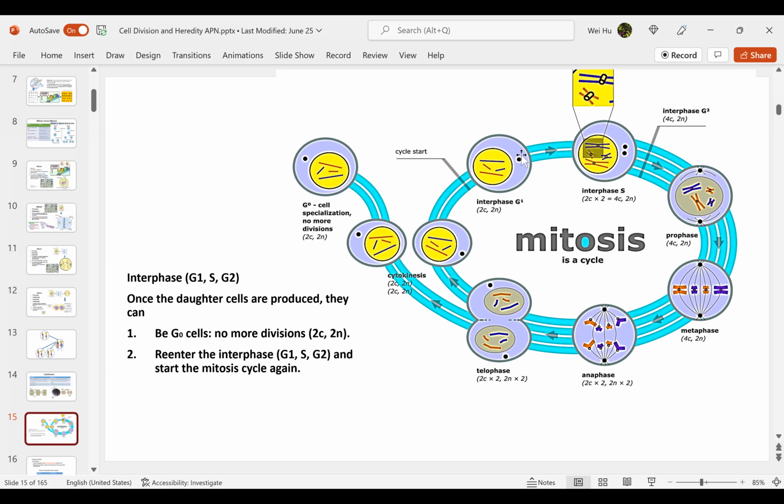So that's what we talk about with mitosis. Normally that's what helps you grow and replace your old cells. But you do have abnormal mitosis. That's cancer. Cancer is also considered mitosis, but abnormal mitosis.